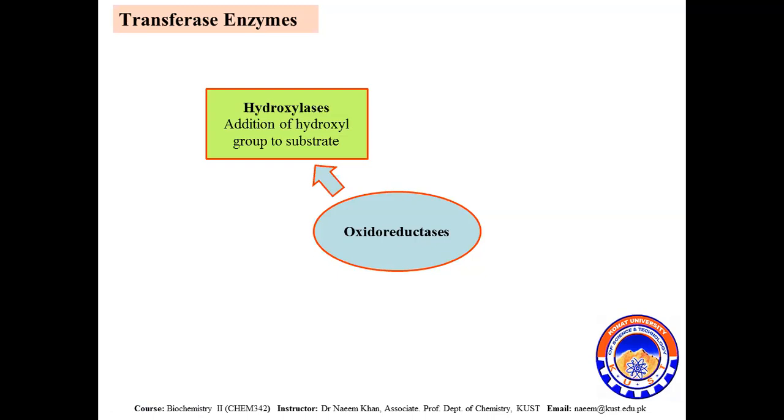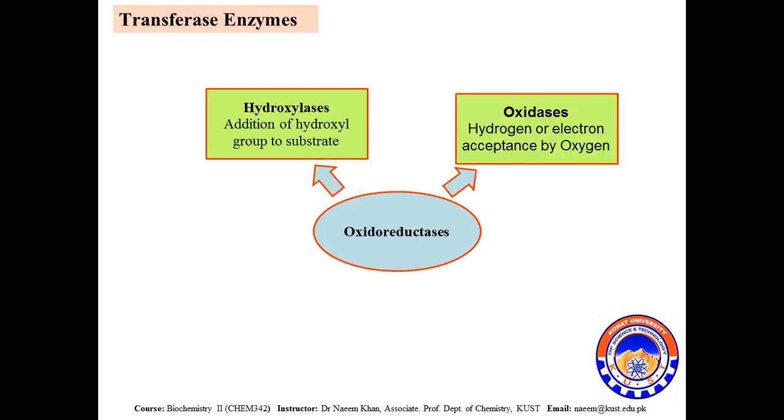Out of the oxidoreductase enzymes, we had major classes. One of them was hydroxylases. We discussed that these are the enzymes which catalyze the addition of a hydroxyl group to their substrates, and we studied their chemical reaction too.